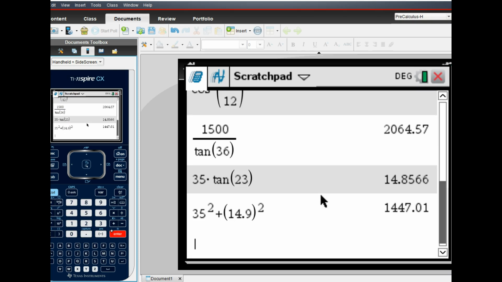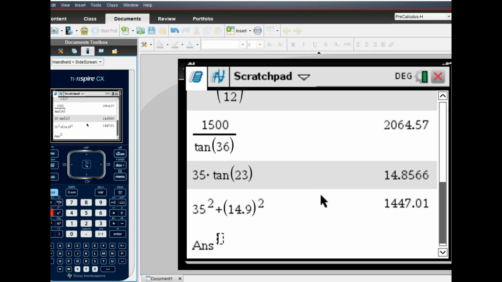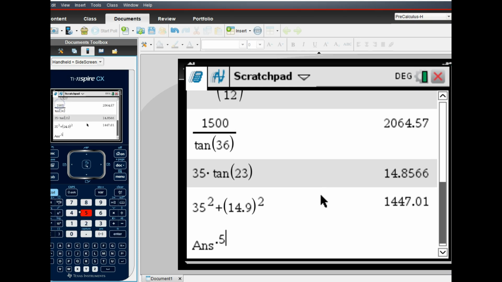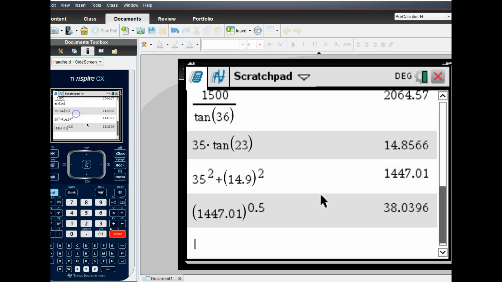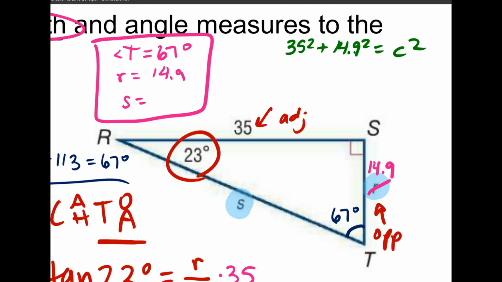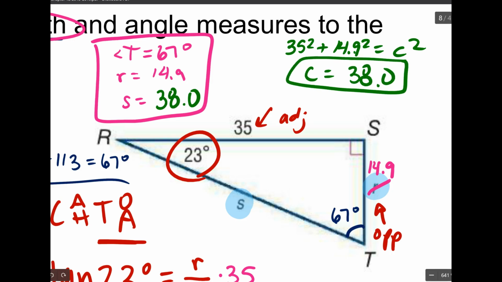How do I actually find c? I square root it, or I can raise it to the 0.5 power, which is the same thing as square root. So S is equal to 38.0. I want it to the nearest tenth, so I write 38.0 because that's the nearest tenth.